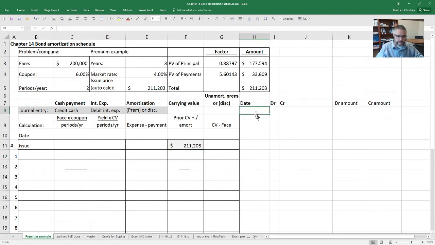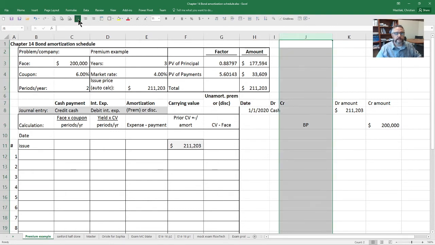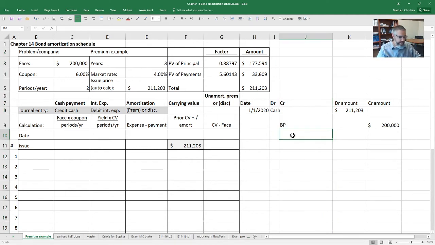And our journal entry on 1/1/20 is going to be a debit to cash of 211,203. We're going to have a credit to bonds payable of 200,000 because that's going to be at face. And then we are also going to have a credit to premium on bonds payable, and that's going to be for the difference, or 11,203.